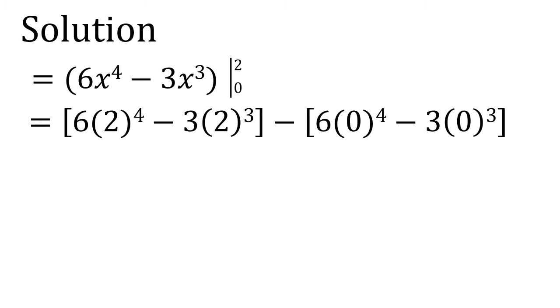You can see here it is enclosed in a grouping symbol because 6x to the 4th minus 3x cubed is a binomial. So we are going to write minus here, then a grouping symbol. Meaning to say, this entire 6x to the 4th minus 3x cubed is the subtrahend.